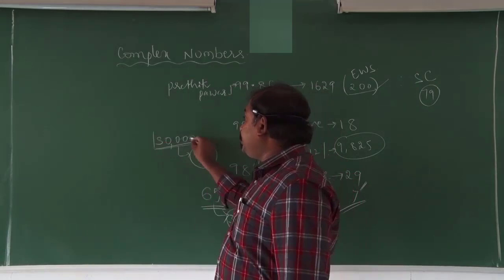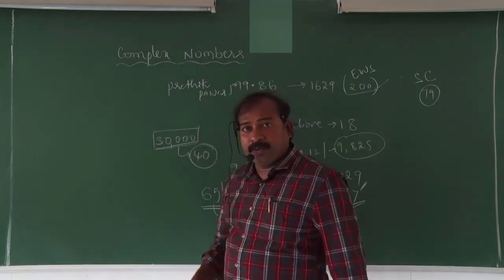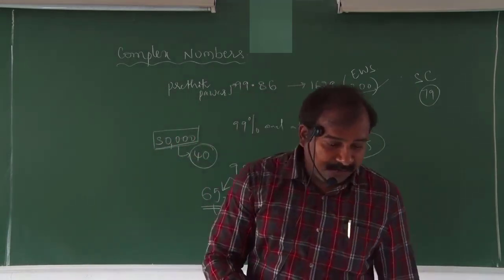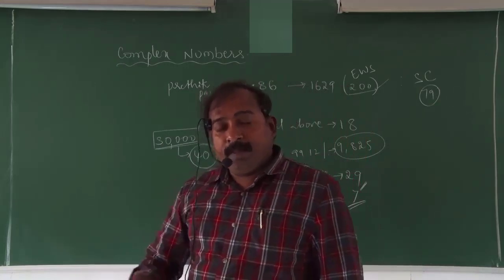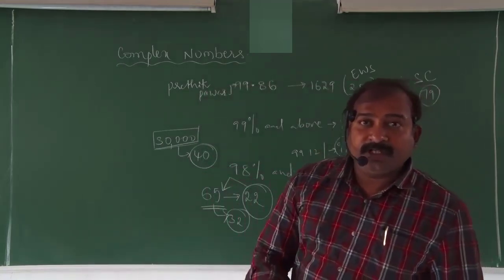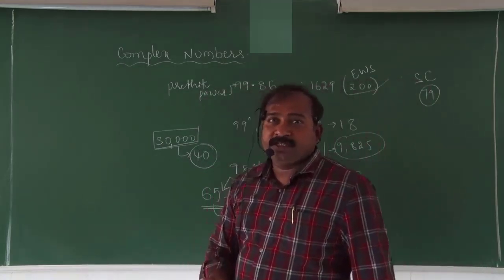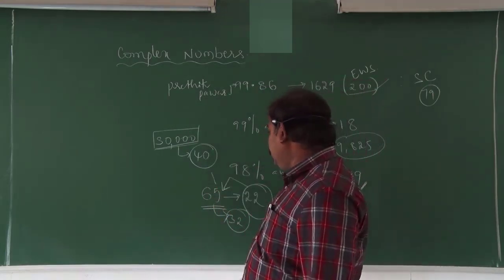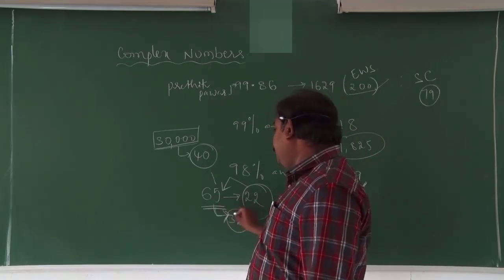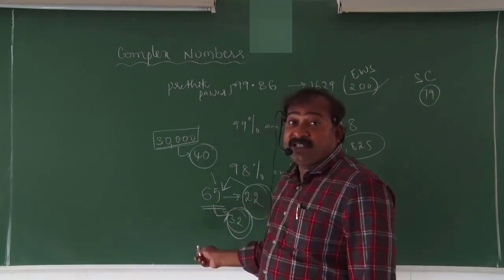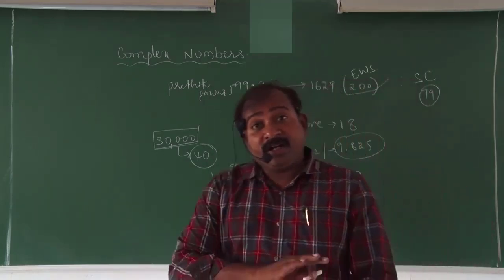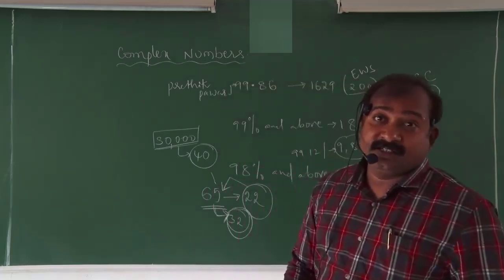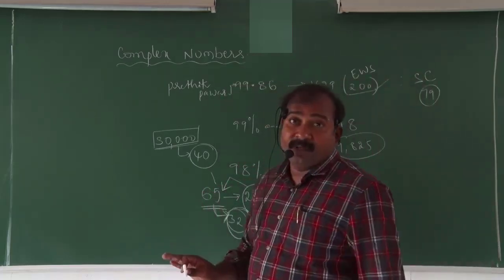Those who got up to 30,000 may not get computers or electronics, but some other branch in one of the NITs is possible. So out of these 65, nearly 30 members, 50 percent of the students, have already fixed their NIT seats.